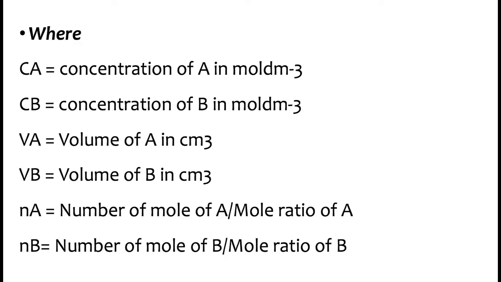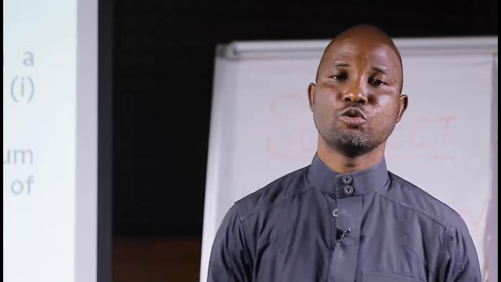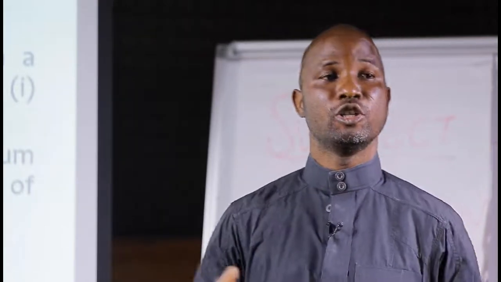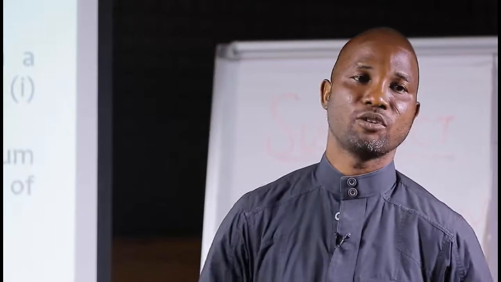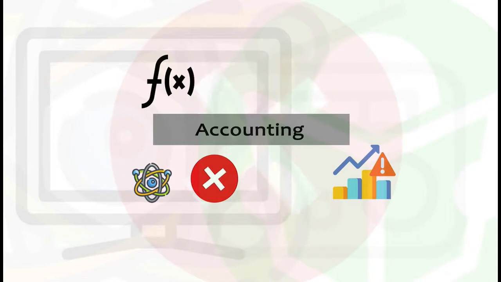Vb is volume of B in centimeter cube, while Na is number of mole of A or mole ratio of A, and Nb is number of mole of B or mole ratio of B. Remember, both Na and Nb are gotten from the equation. Usually when you balance the equation, the coefficient of acid is your Na and the coefficient of base is your Nb.